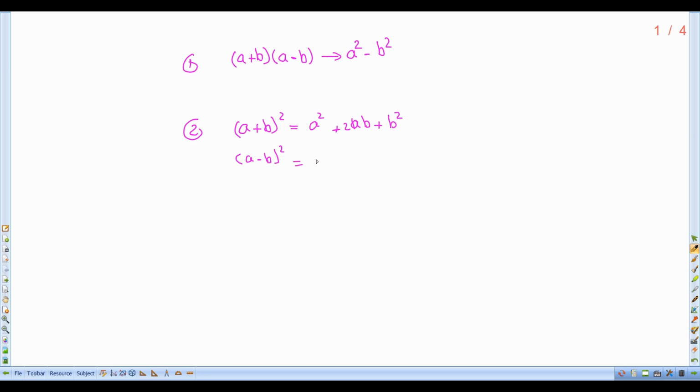And this one will be first square minus 2 multiplied by first multiplied by second plus the second square. This is how to find the product called perfect square trinomial.